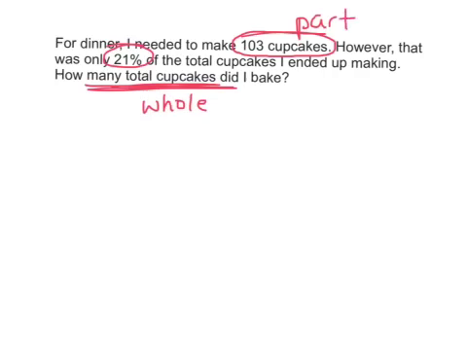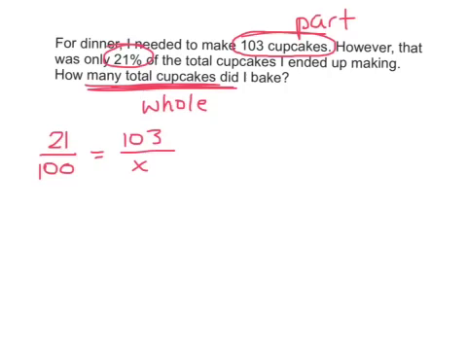Now that I have all my information, it's just a matter of setting up my equation and my proportion. For my proportion, start with my percent. 21% is 21 over 100. That equals my part of 103 cupcakes out of my unknown whole.